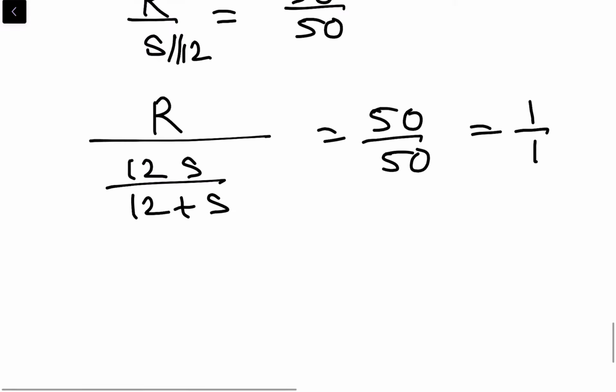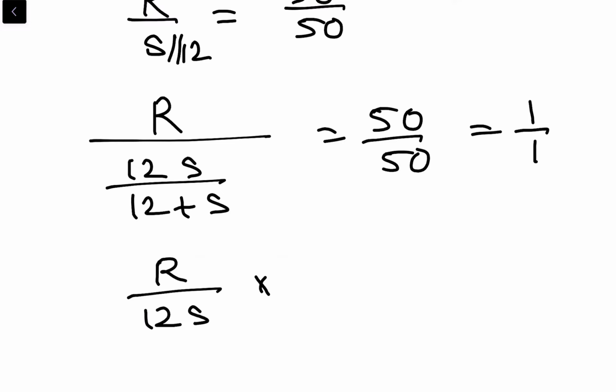Therefore, let us write now: R divided by 12S into 12 plus S is equal to 1 by 1.